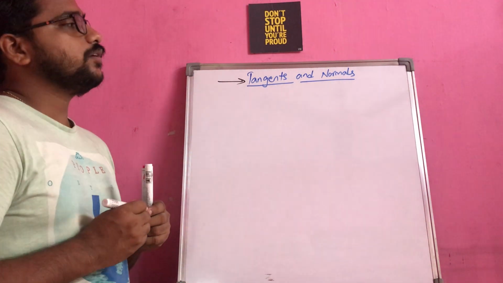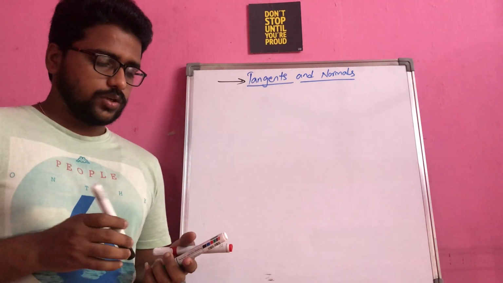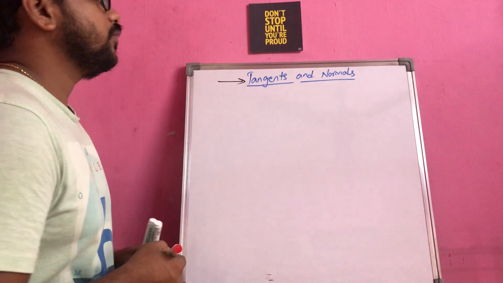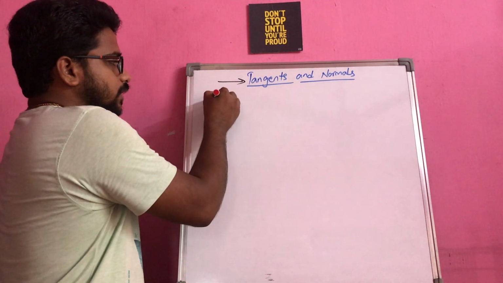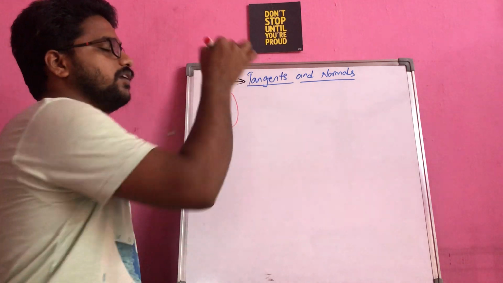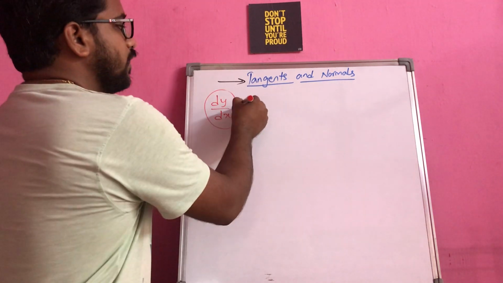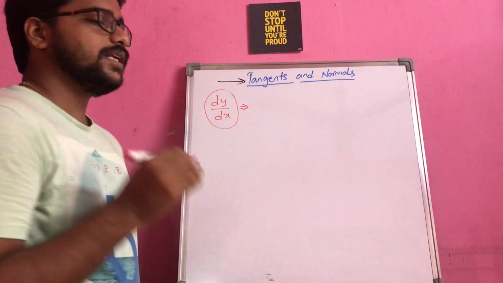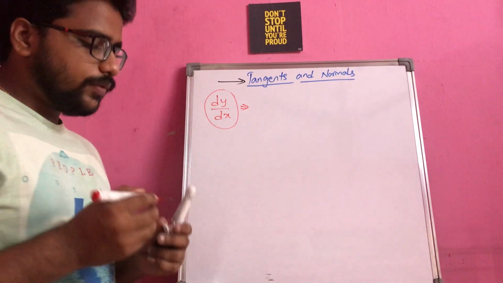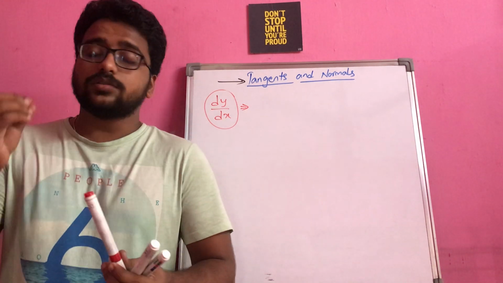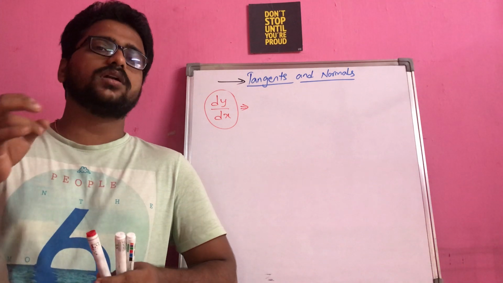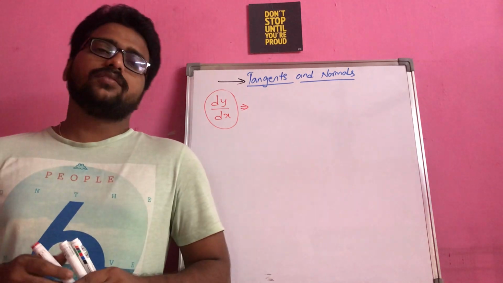If you remember, at the start of the continuity and differentiability chapter, we discussed that dy by dx is nothing but the change of y with respect to the change in x. That means, when the x value is changing, how the y value is changing.